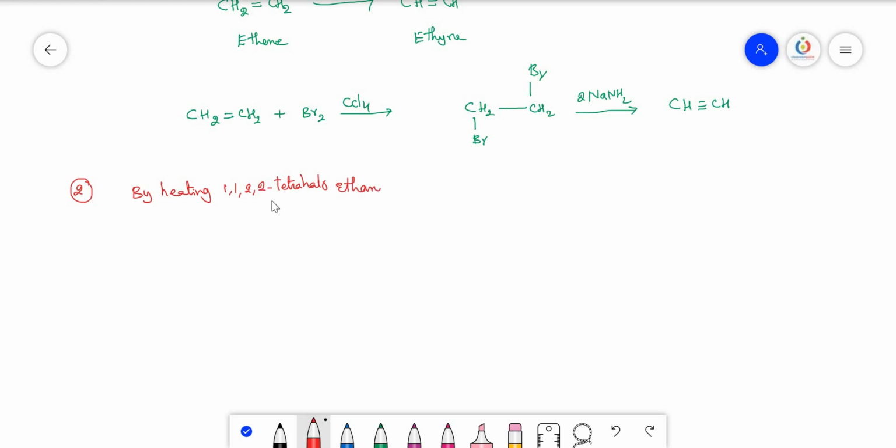This means I am preparing the ethyne molecule, means acetylene molecule. So here only halogens will be removed. So this process is called dehalogenation. Okay. So in this dehalogenation process, you just take CHCl2. I will take another color.